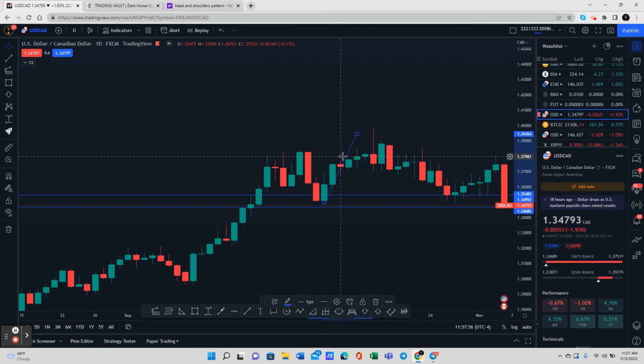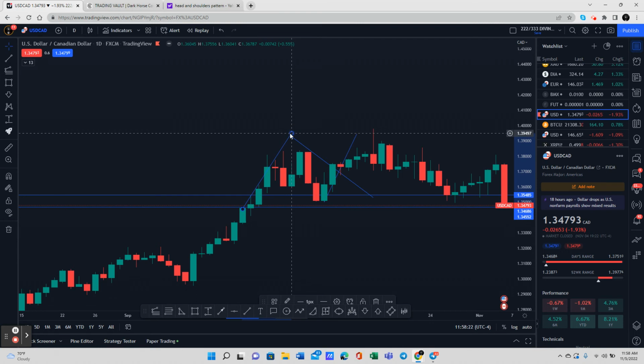So we put it right in here like that. Let me put that flag back on for you guys. So we got something like that. And regardless if you call it pennant, flag, whatever, it doesn't matter. It's still the same results, to be honest.